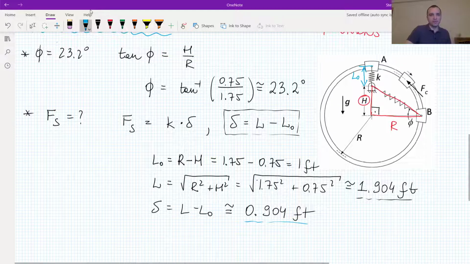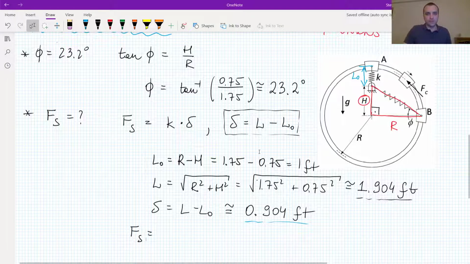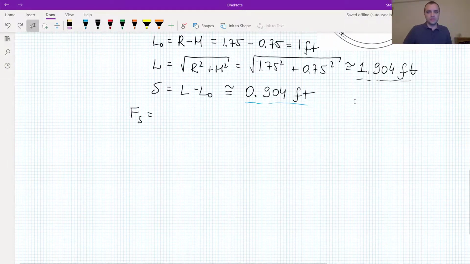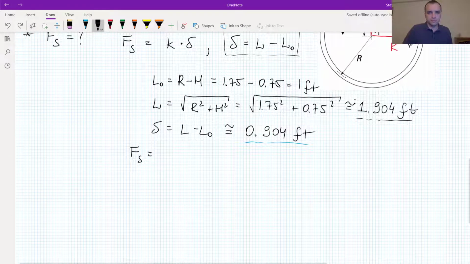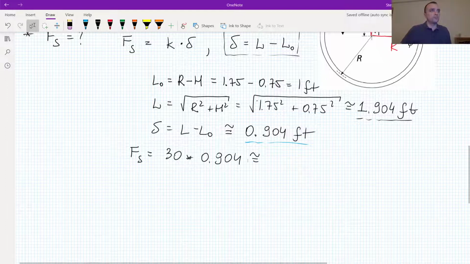And now we are able to find our Fs value, because Fs will be K times delta. I forget the value of K. Let me scroll up the board. K is 30, as you can see. So this will be 30 times 0.904. And if you grab your calculators for the third time today, you will end up with the following value.